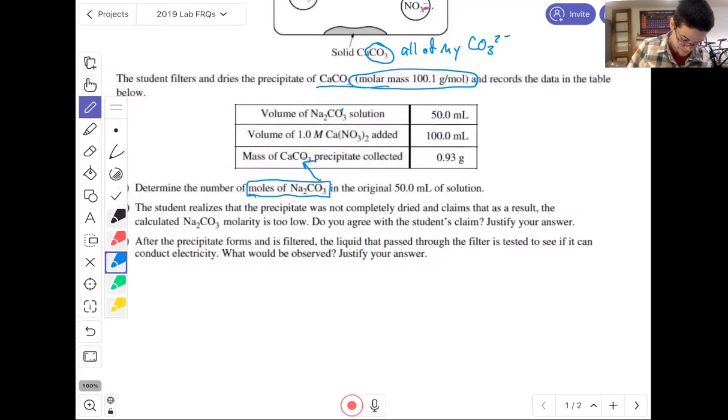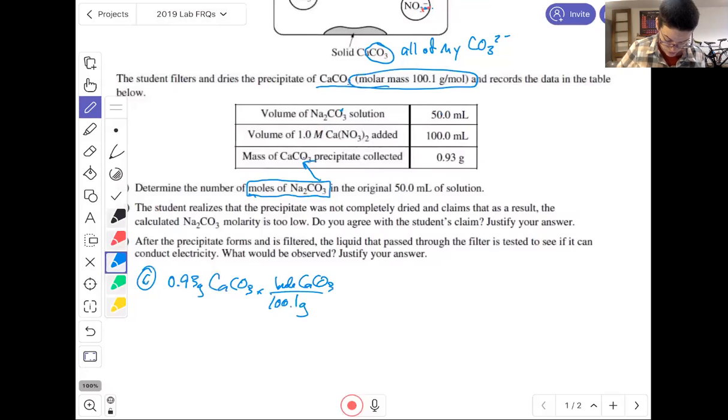So for C, anytime you have a gravimetric analysis where you make a solid and you weigh it and you do all that sort of stuff, you are going to start with that amount. That is the actual important thing. So you'll start with 0.93 grams calcium carbonate, convert it to moles with the molar mass they gave you.